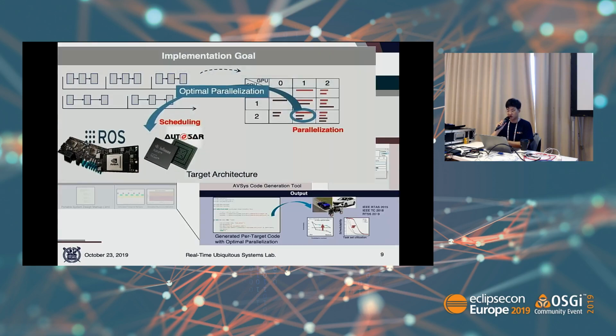Before talking about the optimal parallelization, I want to talk about what parallelization is. The parallelization framework supports that each task can be parallelized up to a preset number.